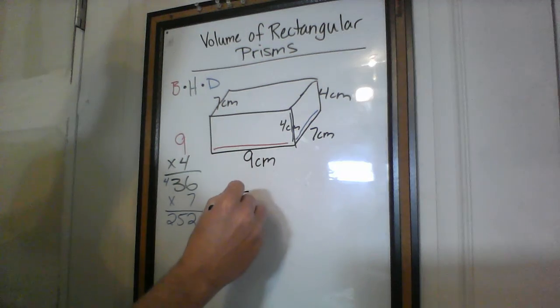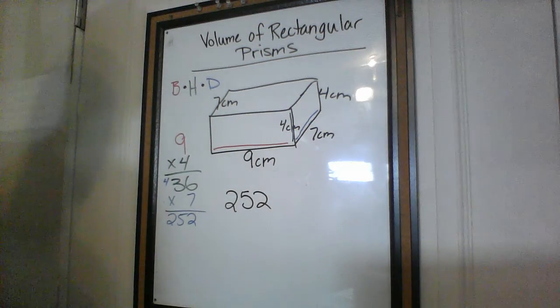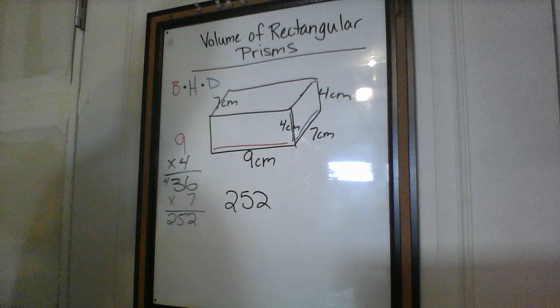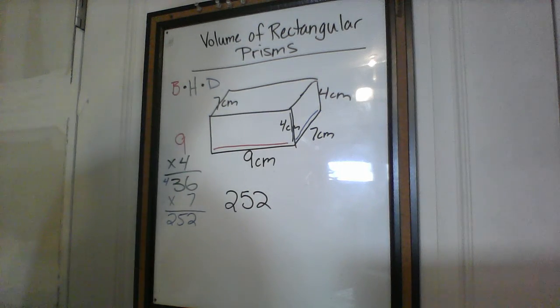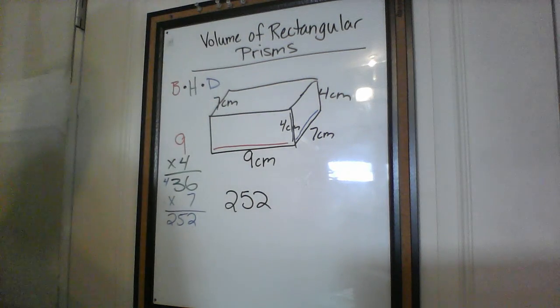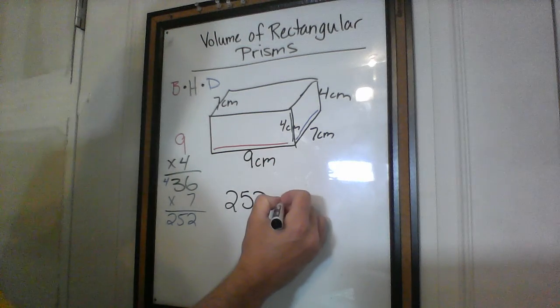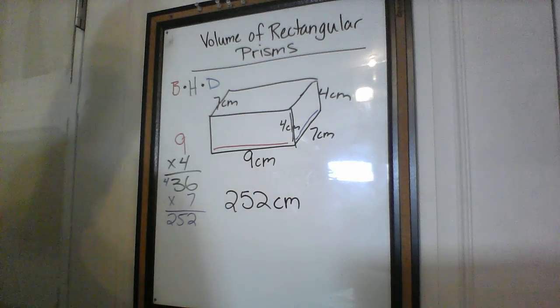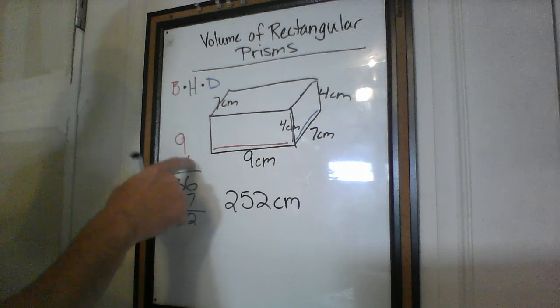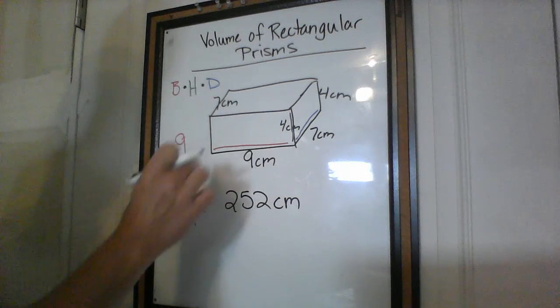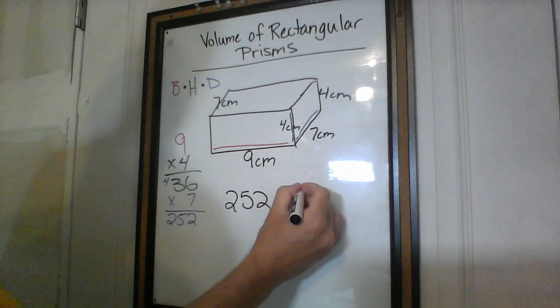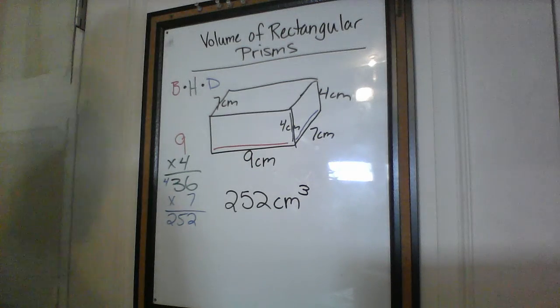And let's make sure our label is correct. We have our answer of 252, but you guys know if the answer is not labeled correctly, it's the wrong answer. So we got to make sure we have it. Our unit of measurement is centimeters, and because we multiplied 3 numbers together for our volume and we're making all those little cubes in there, it is centimeters cubed. Okay.